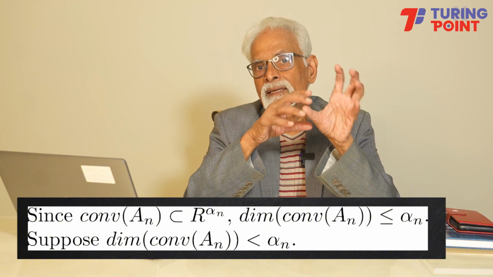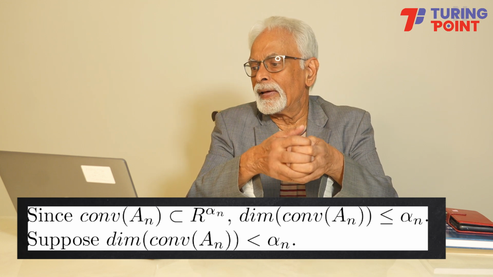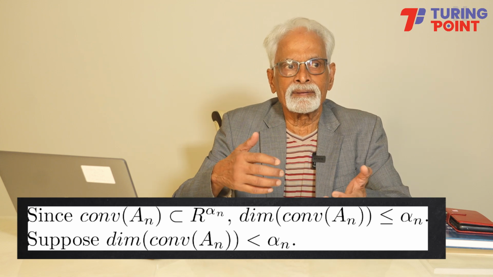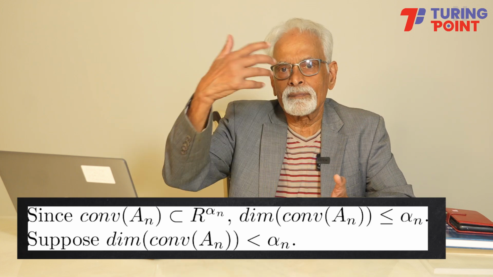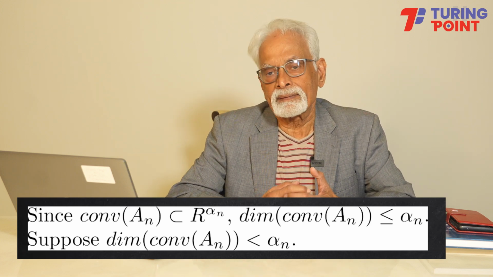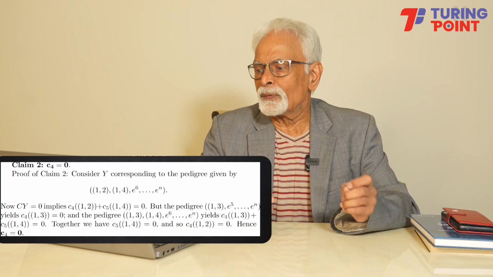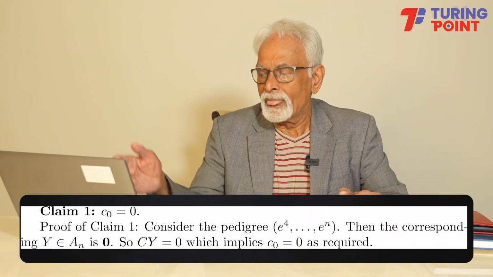So naturally the dimension of convex A_n is going to be less than or equal to alpha n. We again use the same idea, that if it is strictly less than alpha n, then we are going to produce a contradiction. Actually we are not doing it for the P_n, but we are doing it for this convex A_n. The thing I already explained is how the proof will be done. That is, we have to prove C_4 is 0, C_0 is 0 first, and then C_4 is 0, etc. Those details we will find in the proof.